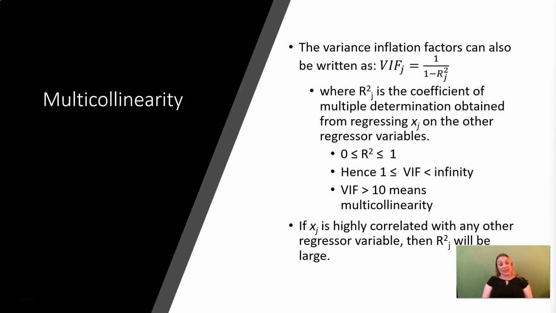Anything over 10 means that we absolutely have multicollinearity. Recommendations tend to be to keep those VIF values between 1 and 3. 4 is kind of okay. But basically, if your x predictor variable is highly correlated with another x predictor variable, then your R squared is going to be inflated and larger than it needs to be.